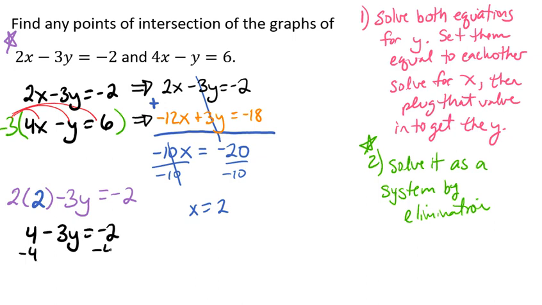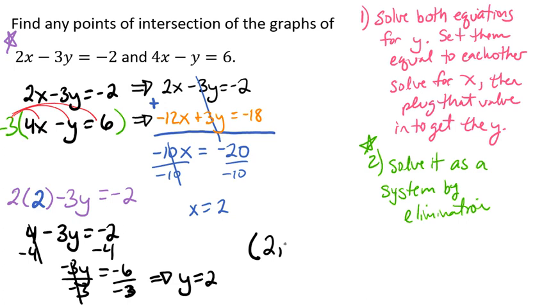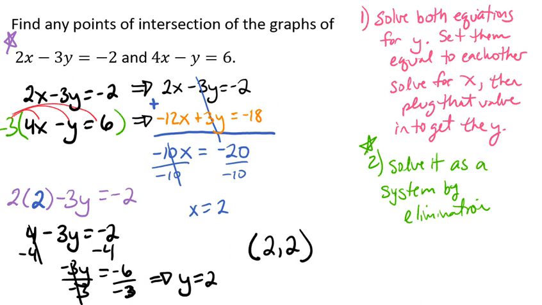I'll subtract 4 from both sides and get negative 3y equals negative 6. Divide both sides by negative 3, and that will give me y equals 2. So here I see that my intersection point will be at (2, 2). And that is how you find the intersection point algebraically.